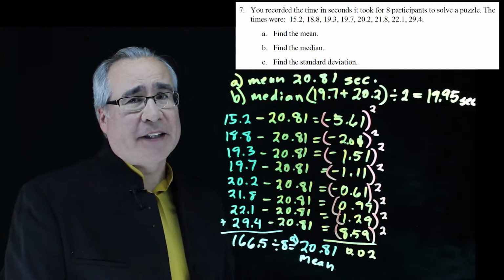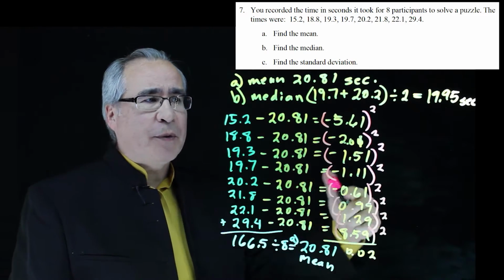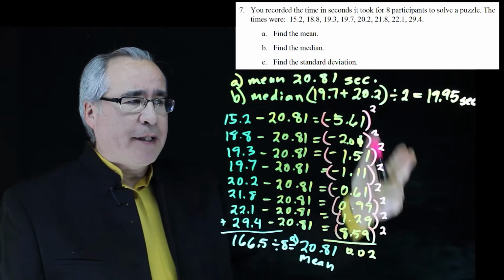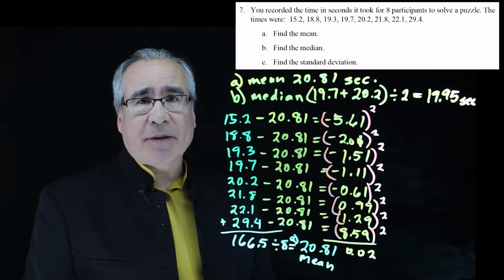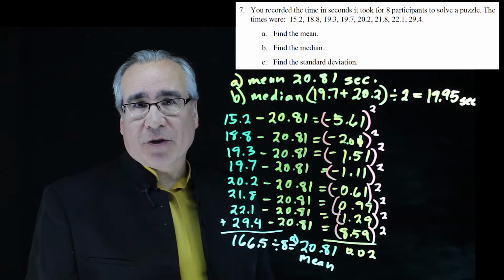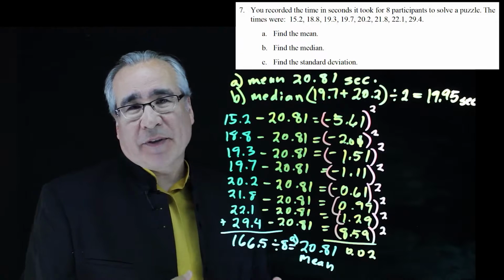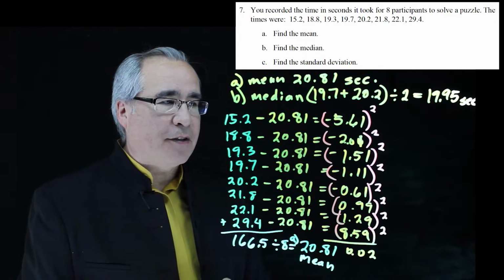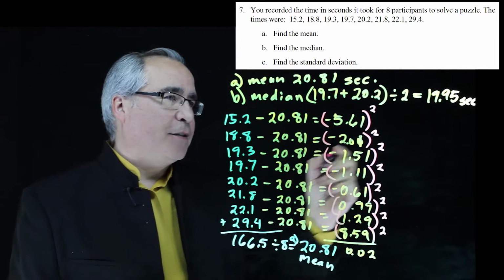It gets us to what we want, but it is a manipulation, because when we square it, we'll get positive numbers. When you add positive numbers, you're guaranteed to have something different. What we will then do is find that average, take the square root to unsquare things, and then we've got what we call the standard deviation. Okay, so let's do this.